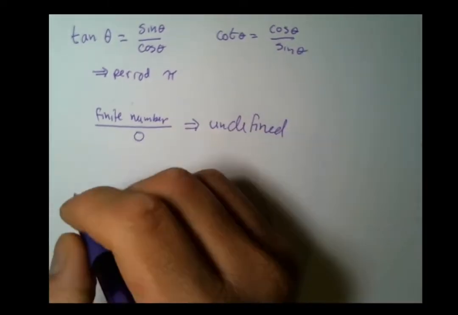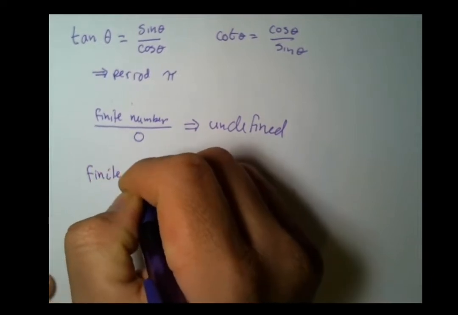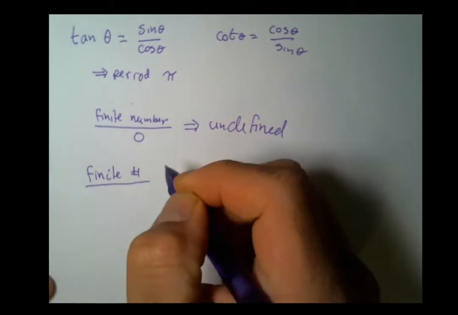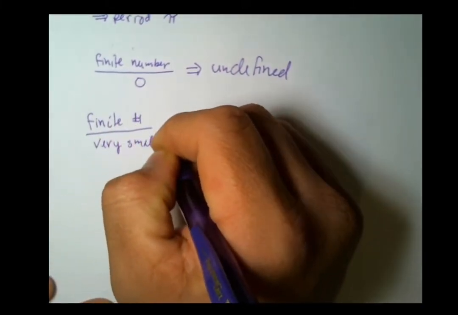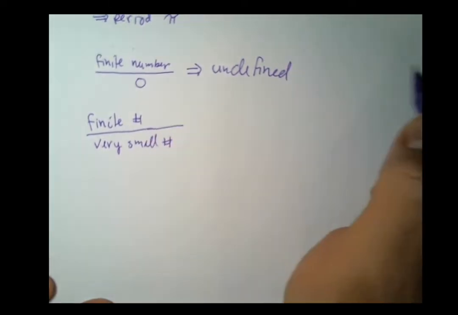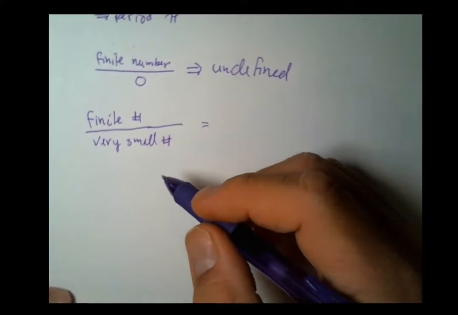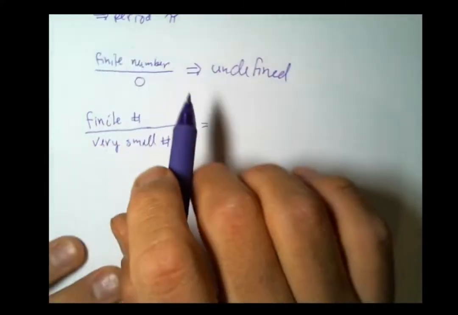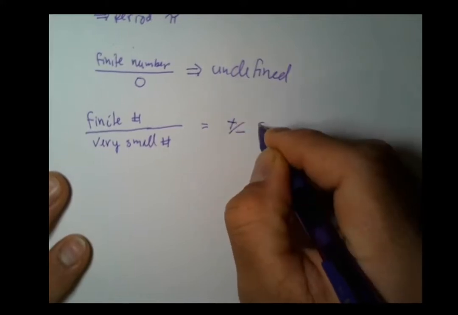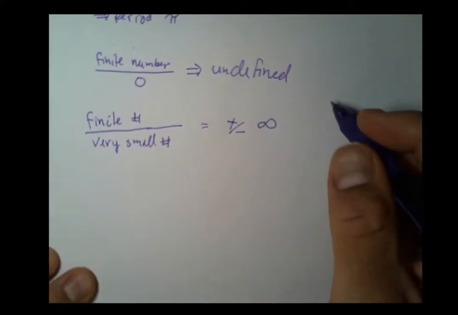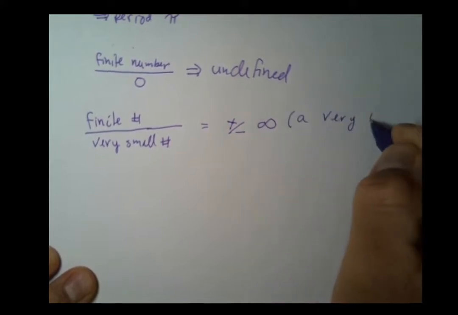All right. And another property here is if we have some finite number and we divide by a very small number, right, that small number getting closer and closer to 0, either positive or negative, depending on what the sign is, that is going to tend to go to infinity. We just think of this as a very large number.